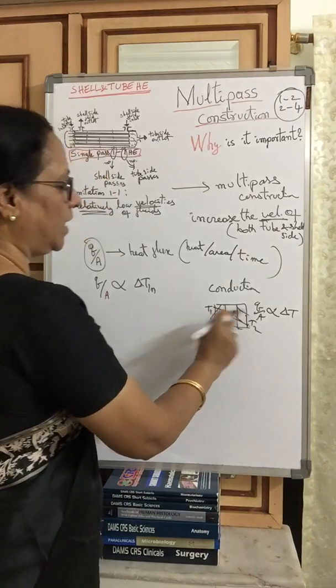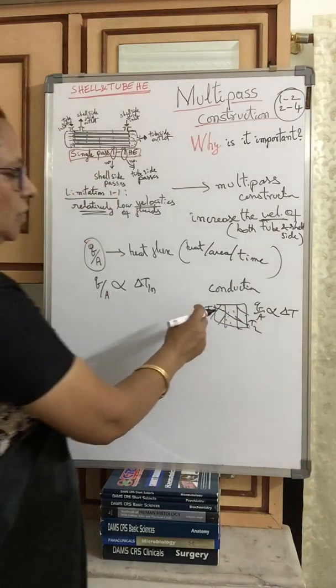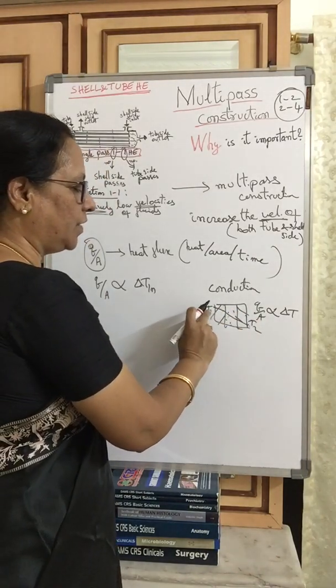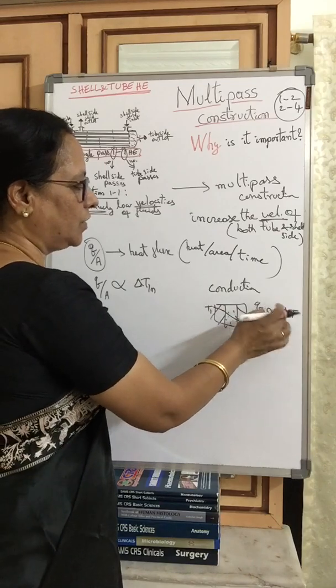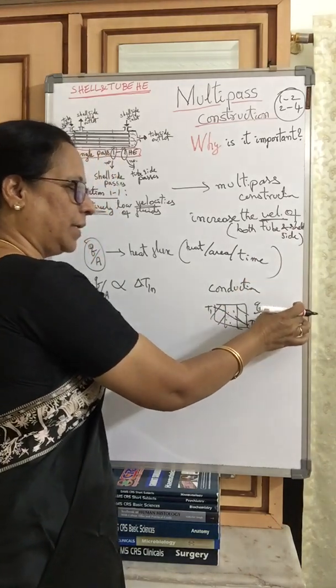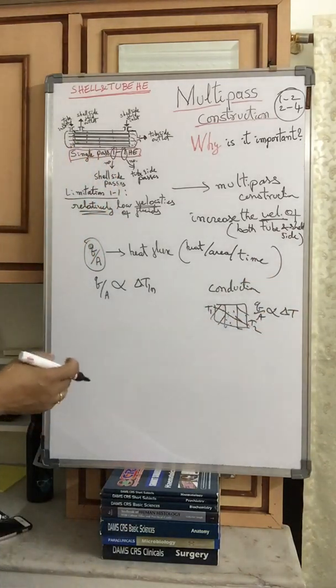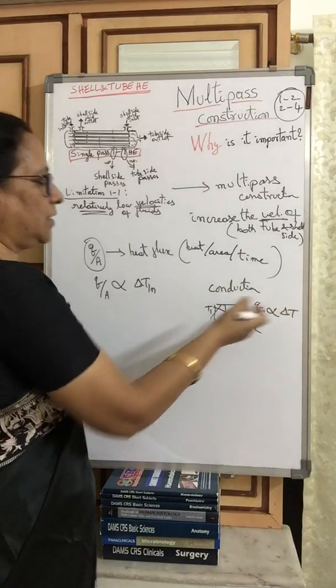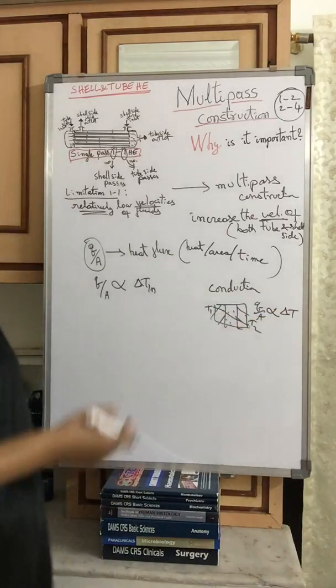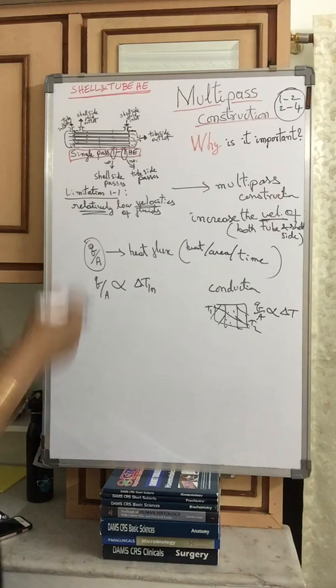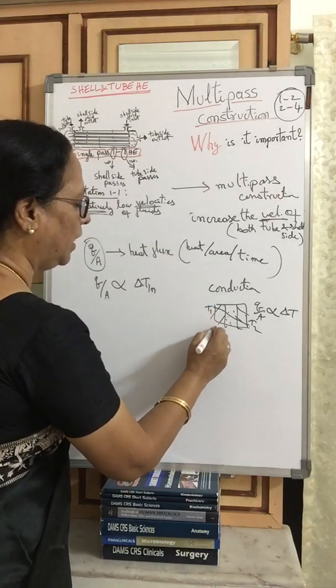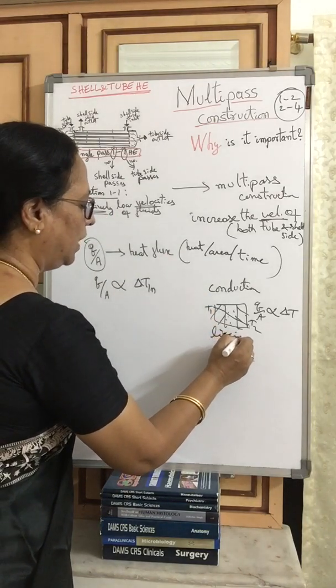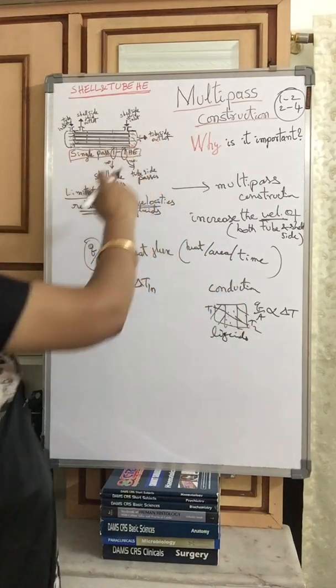These are acting in series, so what is the overall difference between T1 and T2? If there is a temperature difference, only then does heat transfer take place. If there is no temperature difference, there is no question of heat transfer. The same thing applies for liquids also. Here we are treating liquids.